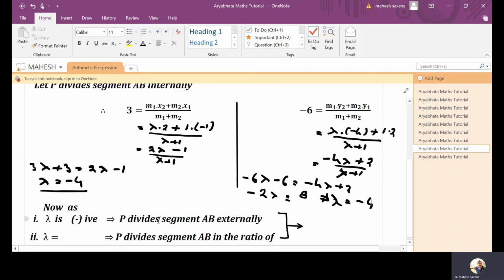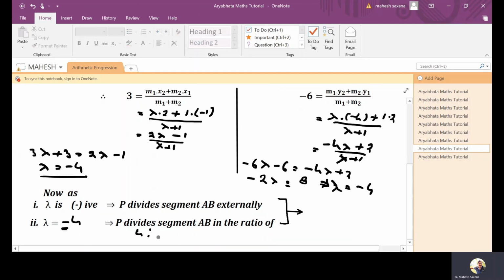Whenever lambda comes positive, the point is dividing the line segment internally, and if lambda is coming negative, the point is dividing the line segment externally. Here lambda is minus 4; this minus represents that it is dividing externally, and the ratio is 4:1.